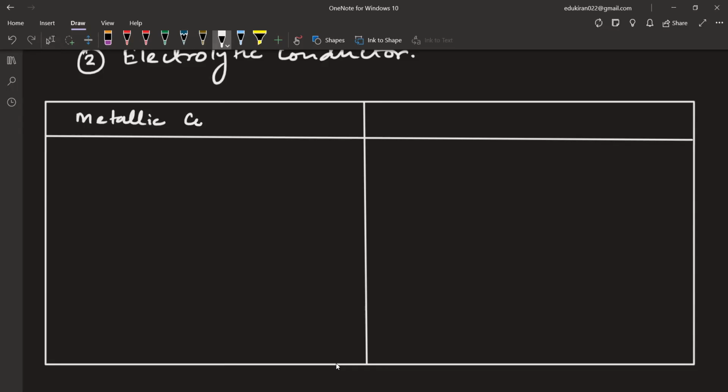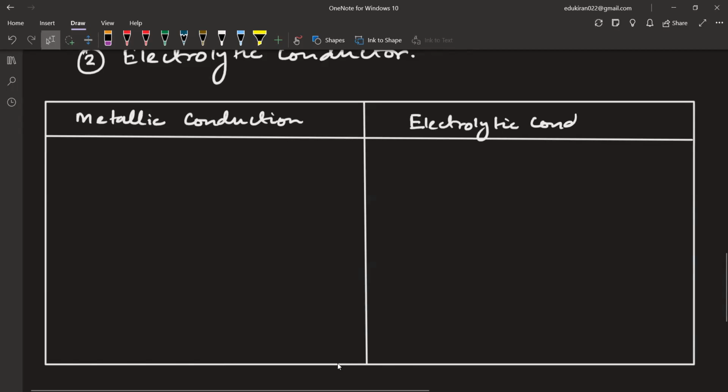Please write metallic conduction and then write electrolytic conduction. Now, in metallic conduction, what is the charge carrier? What is the thing that moves in the wire that conducts the electricity?